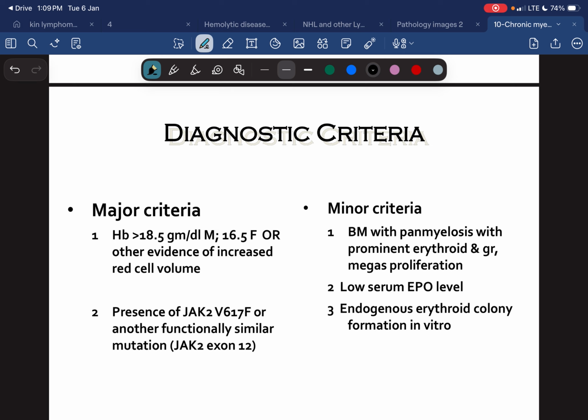Peripheral blood shows high red blood cells, white blood cells, and platelet counts, and basophilia. Basophils are increased. Hematocrit is more than 60. Granulocyte count is also high and can be more than 50,000 cells per microliter.